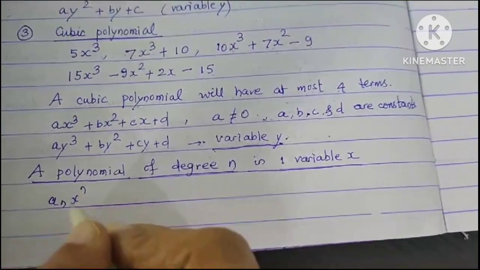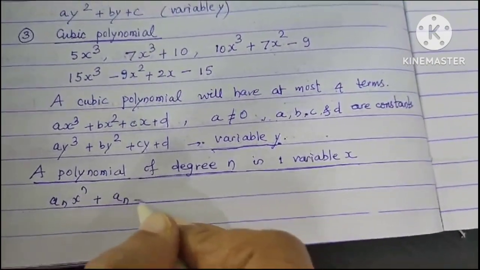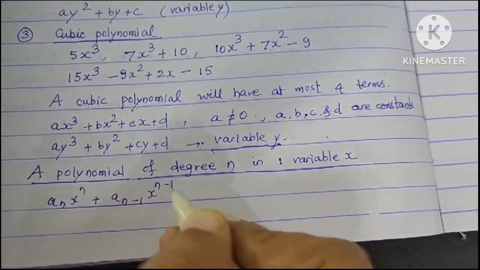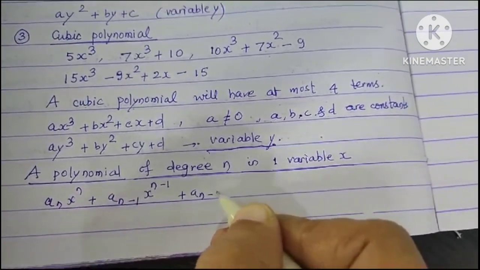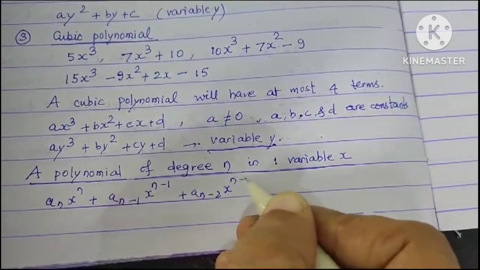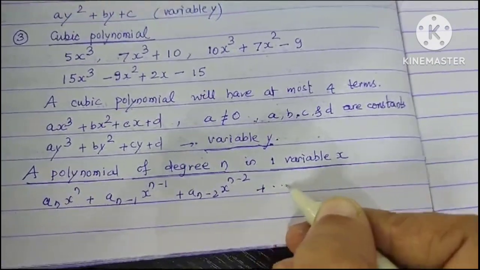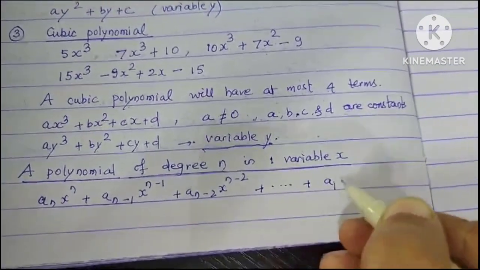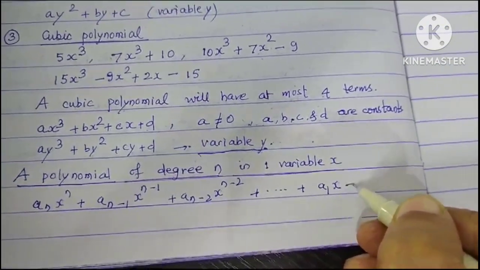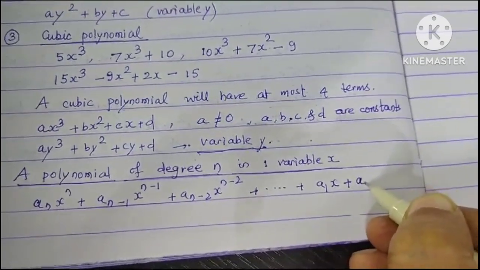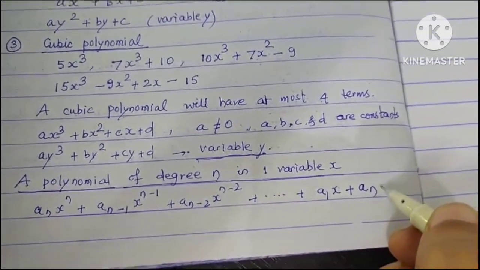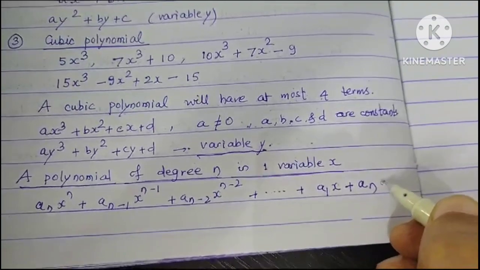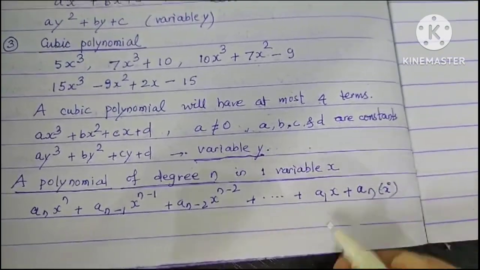Its general form will be like this: an xn plus an minus 1 xn minus 1 plus an minus 2 xn minus 2, and so on, plus a1 x plus a0. We are not going to write x0, this is hidden, x to the power 0.